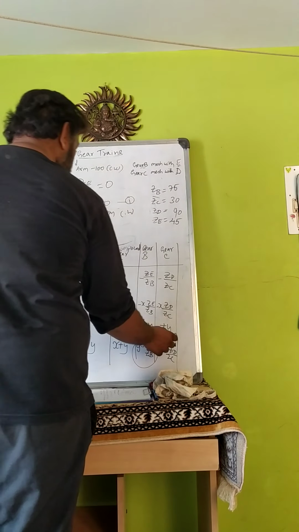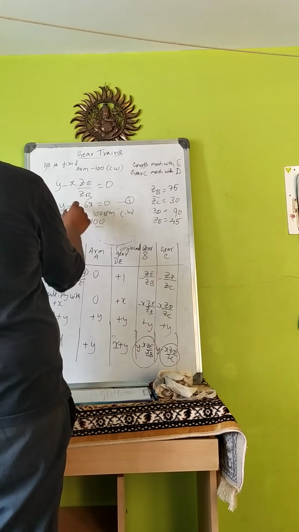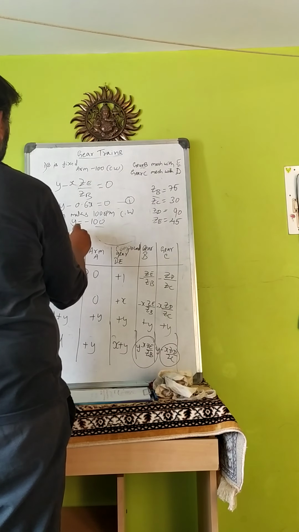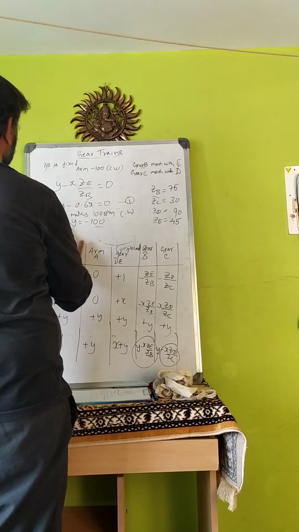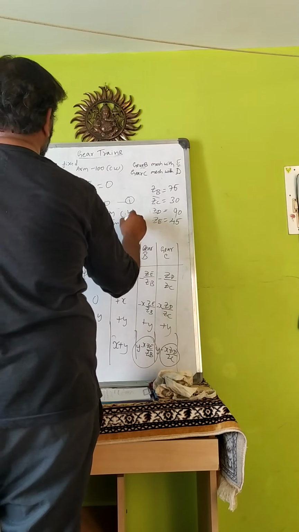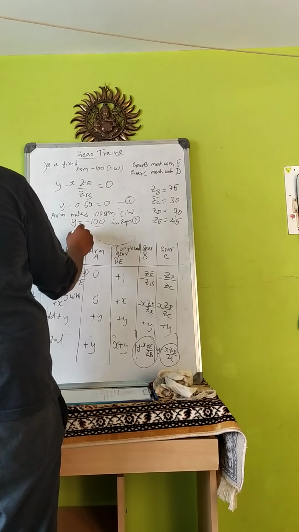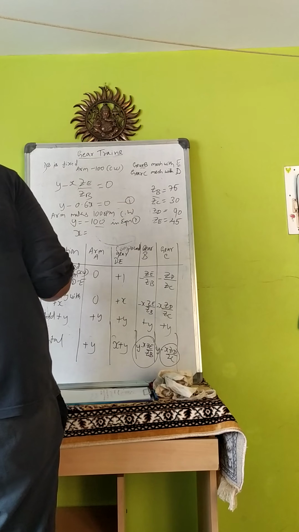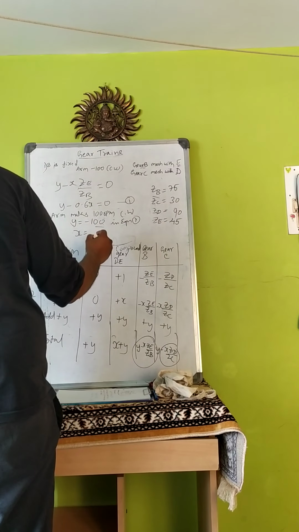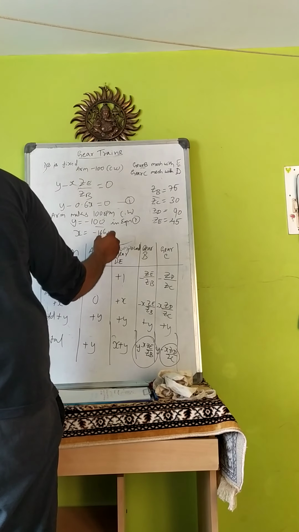Then we have this equation, Y is equal to minus 100. You substitute Y is equal to minus 100 in equation 1, and you will get X is equal to minus 166.67.